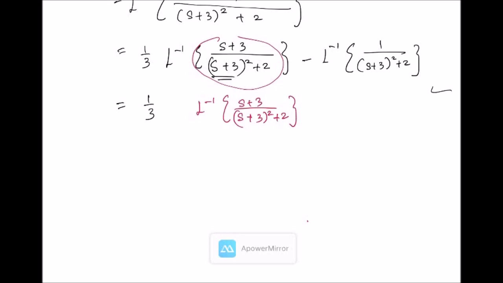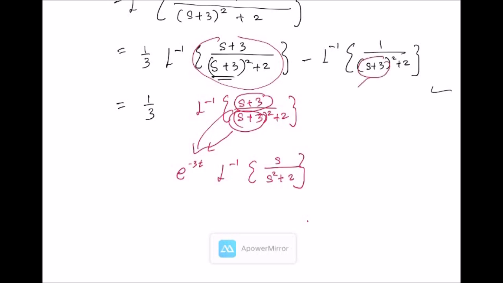So this whole thing, we will obtain exponent negative 3t, and then inverse Laplace transform of s over s squared plus 2. Whereas for this part, we will obtain exponent negative 3t, and then inverse Laplace transform of 1 over s squared plus 2.